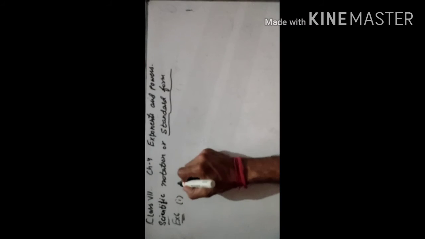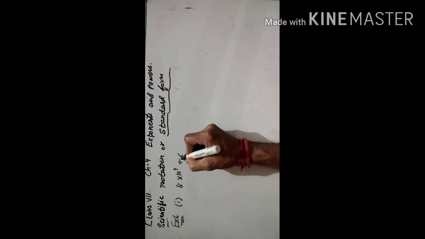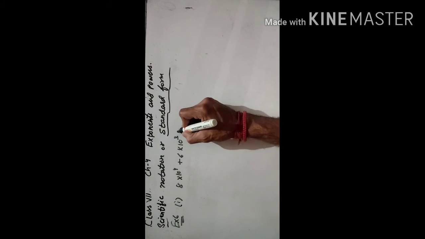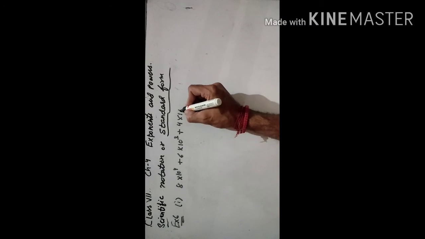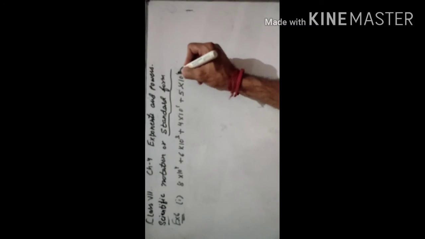Now the next example is example number 6. Find the number from each of the following standard forms. First part is 8 into 10 to the power 4 plus 6 into 10 to the power 3 plus 4 into 10 to the power 1 plus 5 into 10 to the power 0.